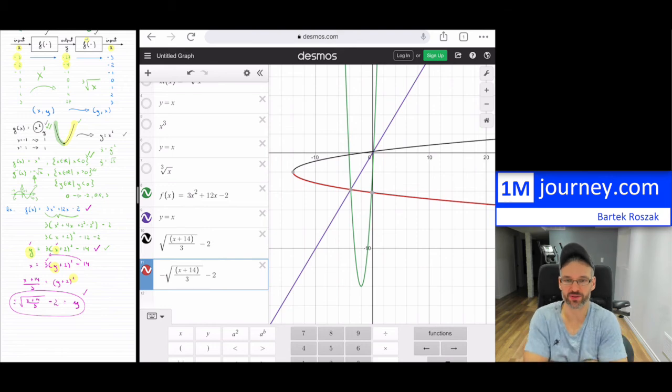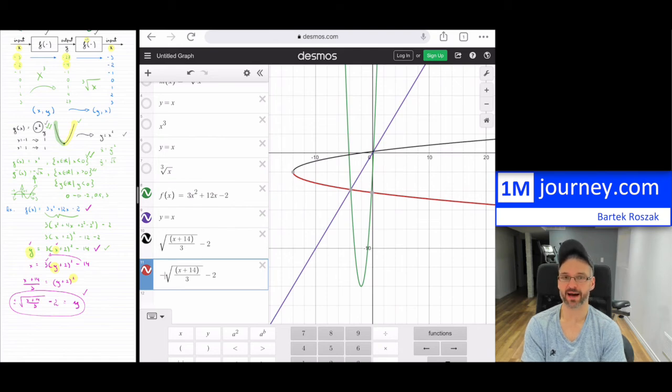And you can see the domain is basically negative 14 or bigger, for both of them. For the upper half, we are from negative 2 to infinity, so above negative 2. And for the bottom half, it's going to be less than negative 2 down. That's for your range.